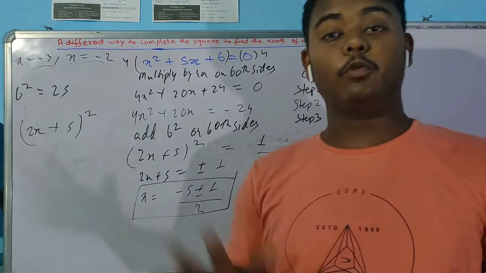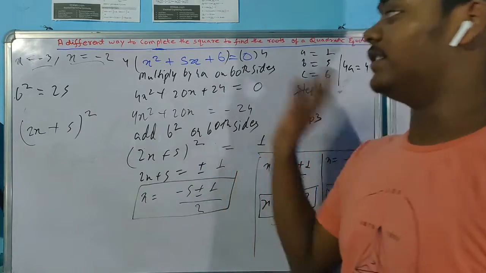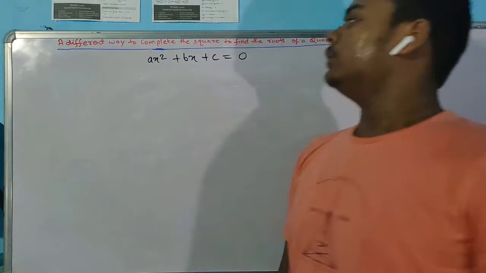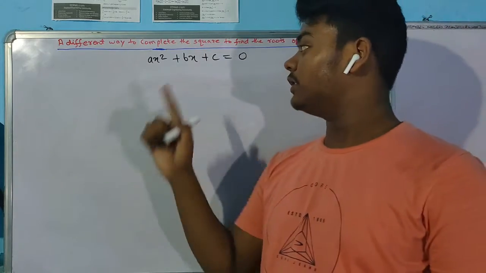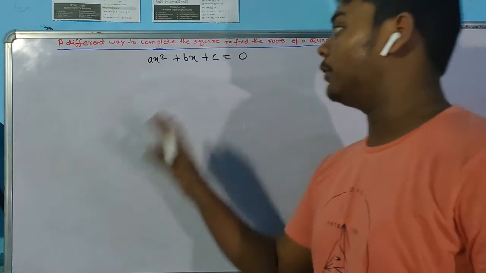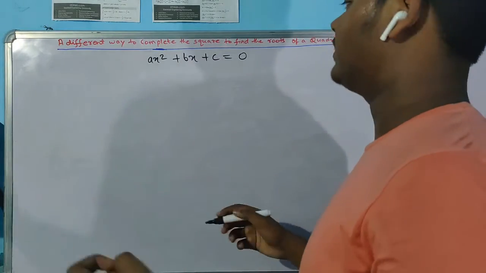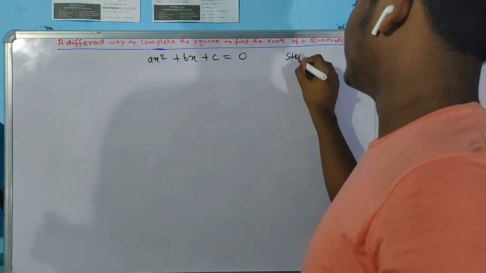And you can prove this method. Actually, you can prove the quadratic formula by this method also. This is a general form of a quadratic equation, right? So we will apply step 1. What is step 1?